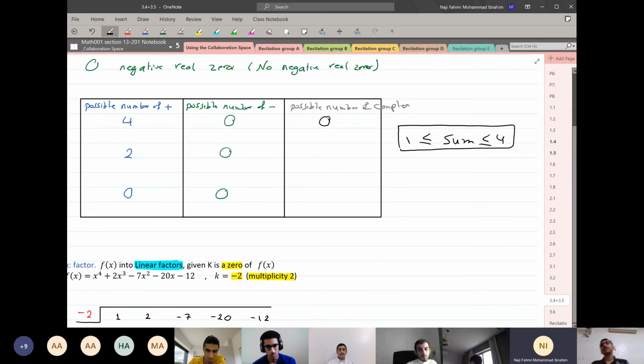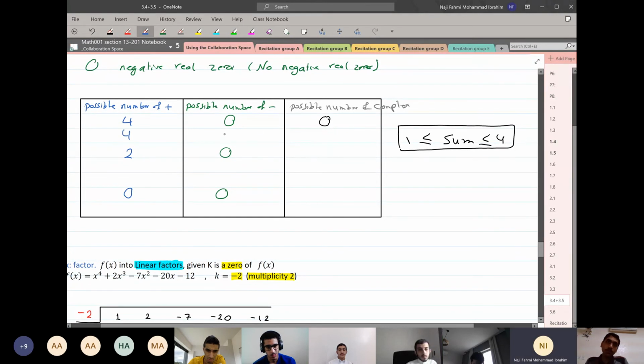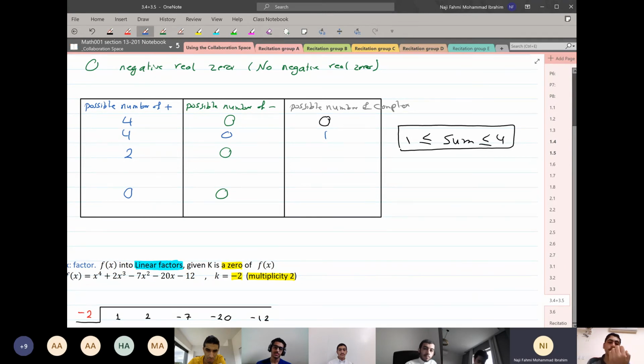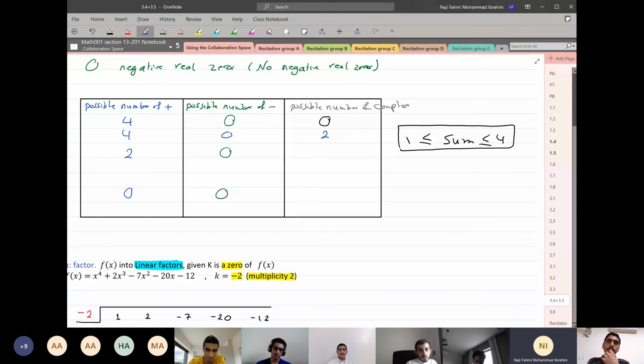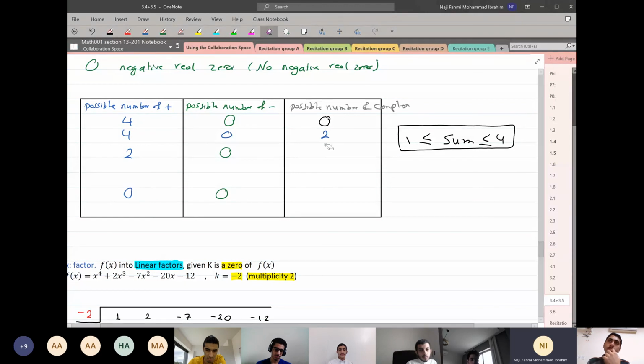Can I have 4, 0, 1? No. Why? We said the number of complex zeros is always even. Can I have 4, 0, 2? No, the sum should be less than or equal to 4. So this is impossible.